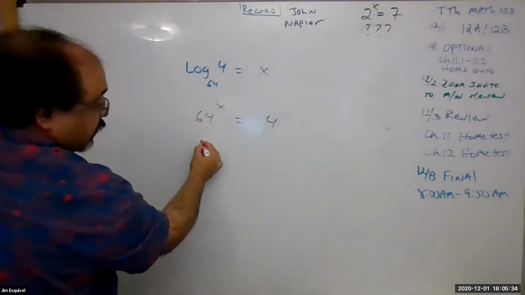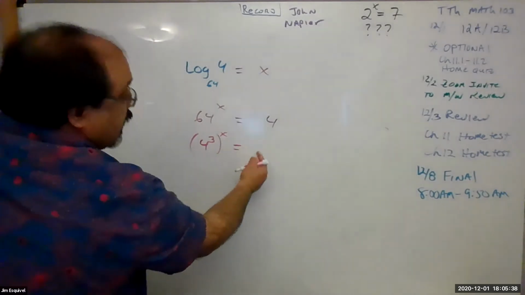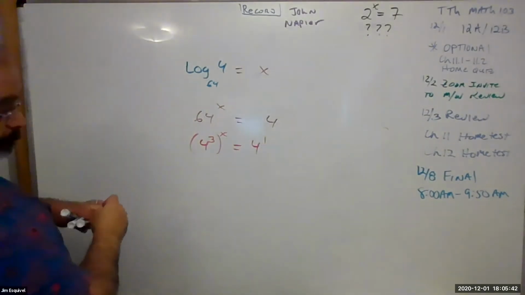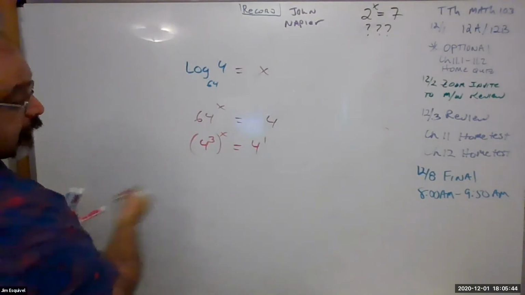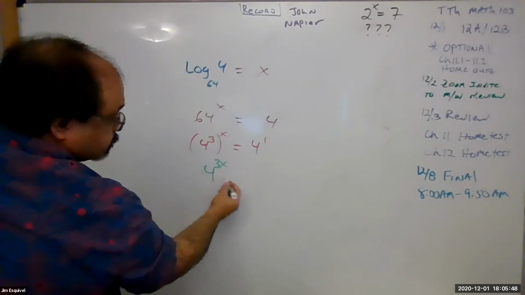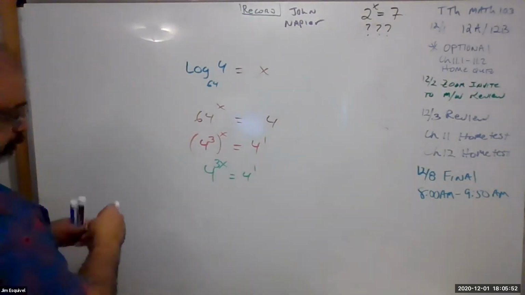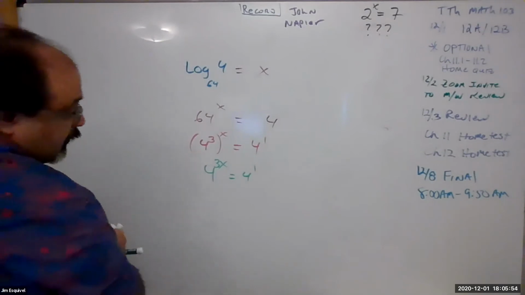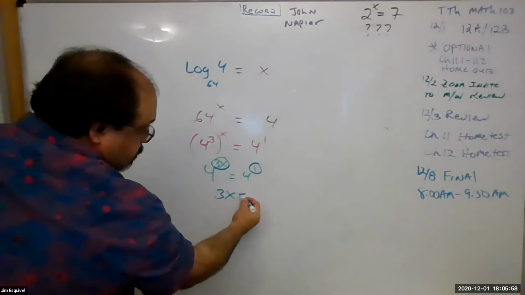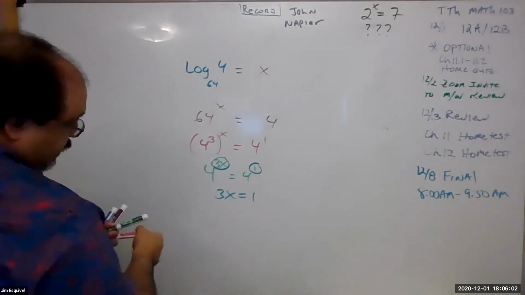64 is 4 to the third, to the x. And don't forget 4 to the first. On the left, 4 to the 3x. 4 to the first. That's where we get 3x equals 1. And then divide by 3.